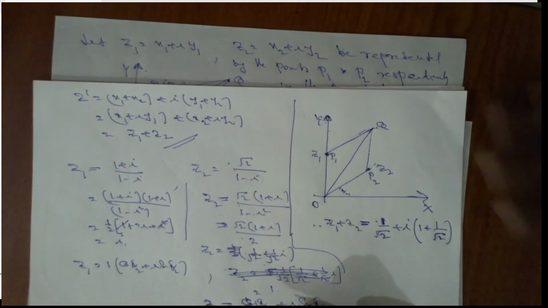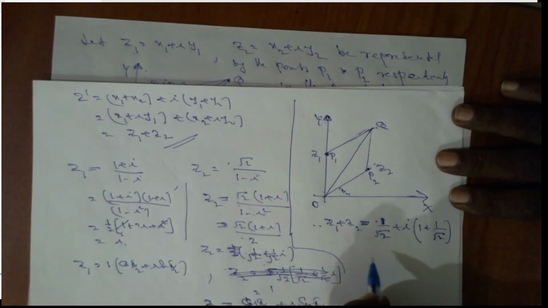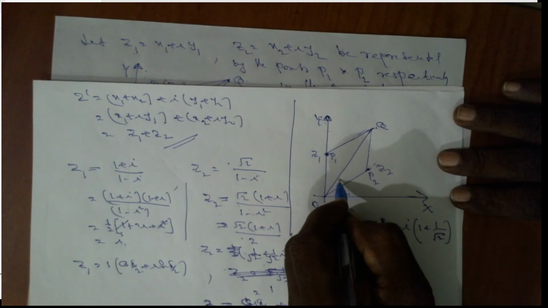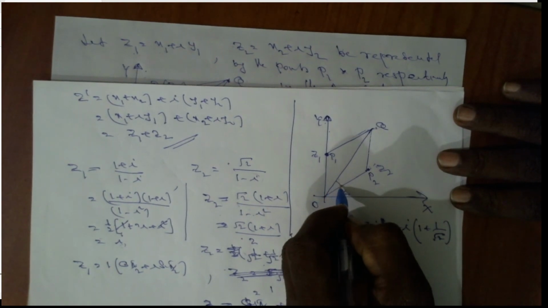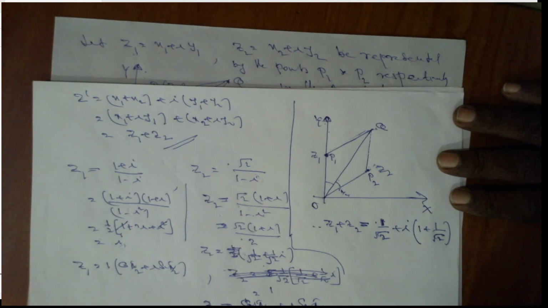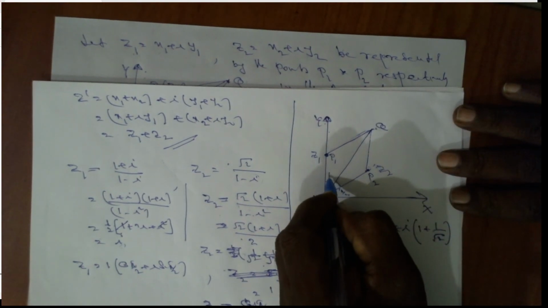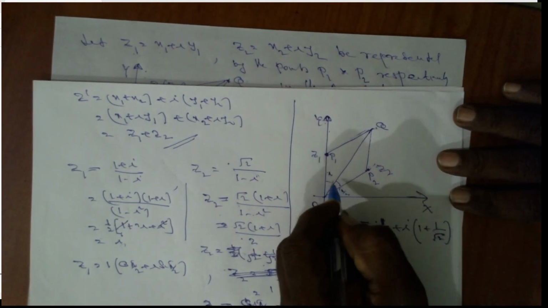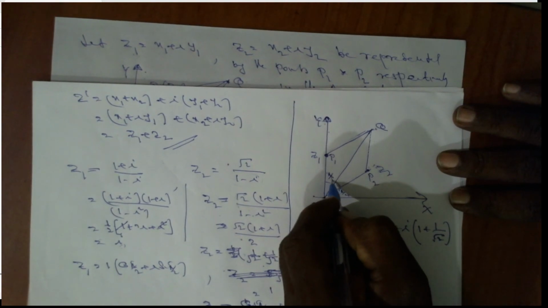Now, what is this angle, and this angle? Are they equal or not? Equal. What is that angle? The total angle is pi by 4, so each is pi by 8.